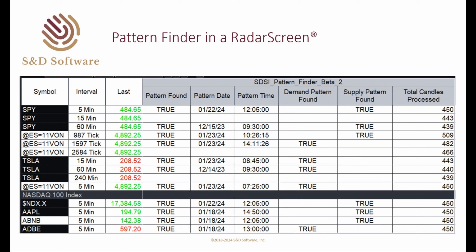So that can be quite useful. And we'll take a look at that when we actually go live and play. So once you're sure your radar screen has processed everything it should, you can then go and hide the total candles processed field as well.